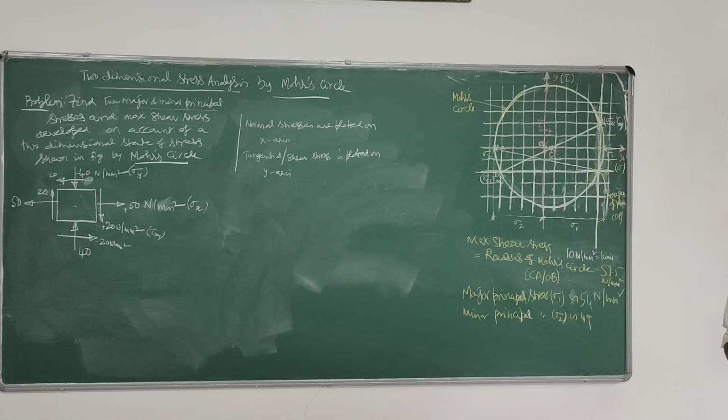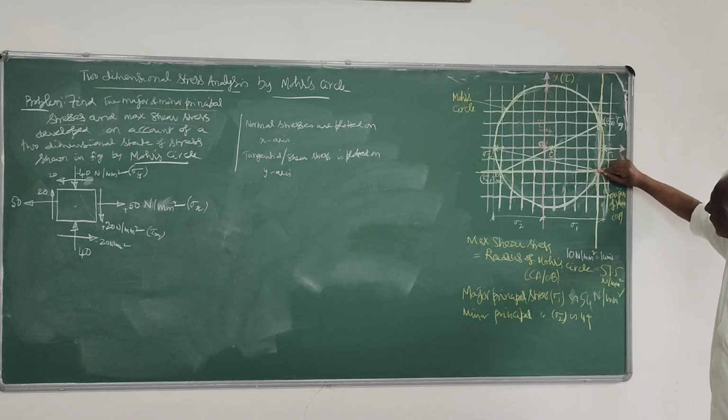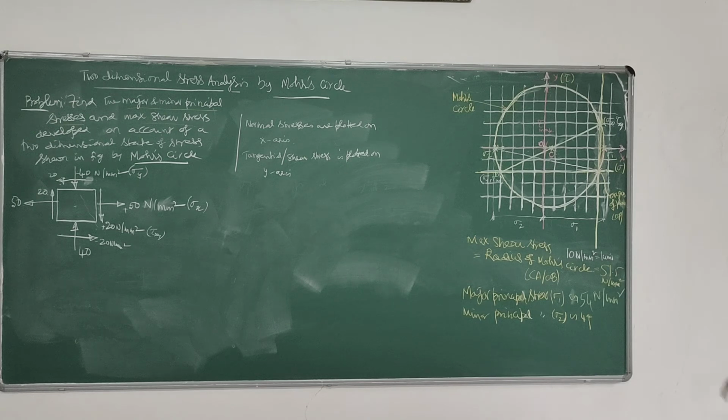Now for major and minor, you have to find out what is the plane. The major principal stress plane and the minor principal plane have normal stresses acting on them. From this origin of plane, you join the sigma 1 point you have plotted. That is your major principal plane on which this sigma 1 will be acting.